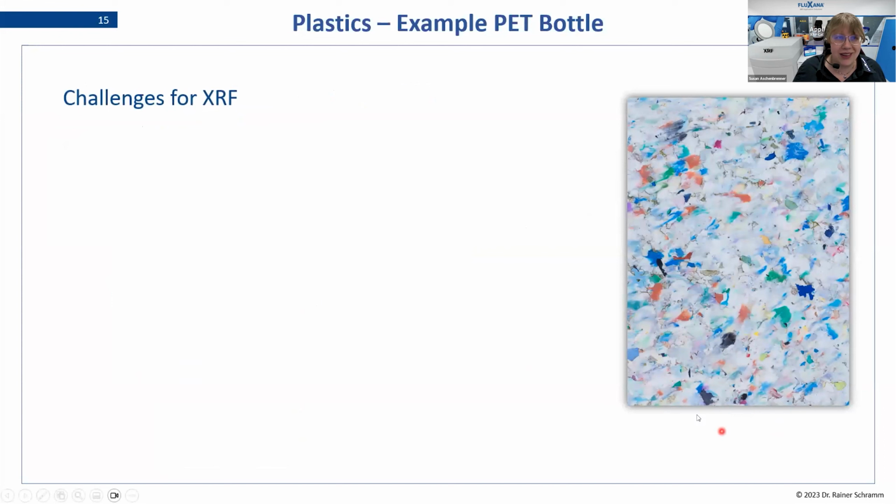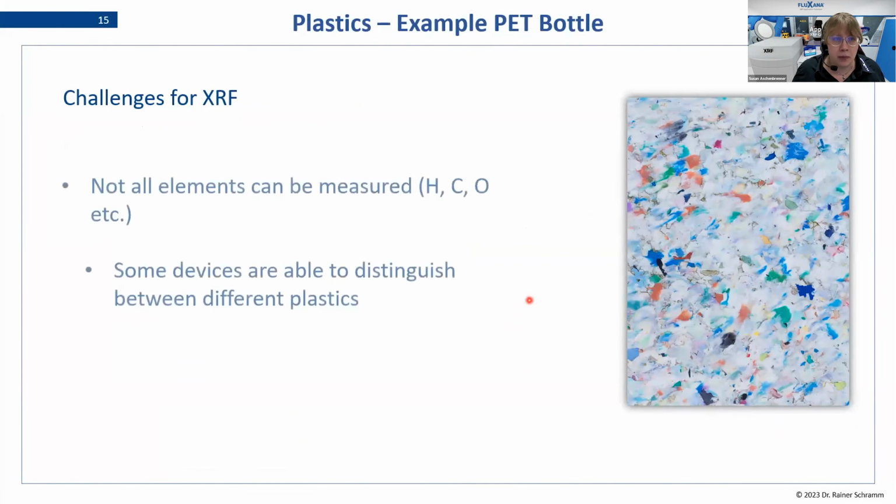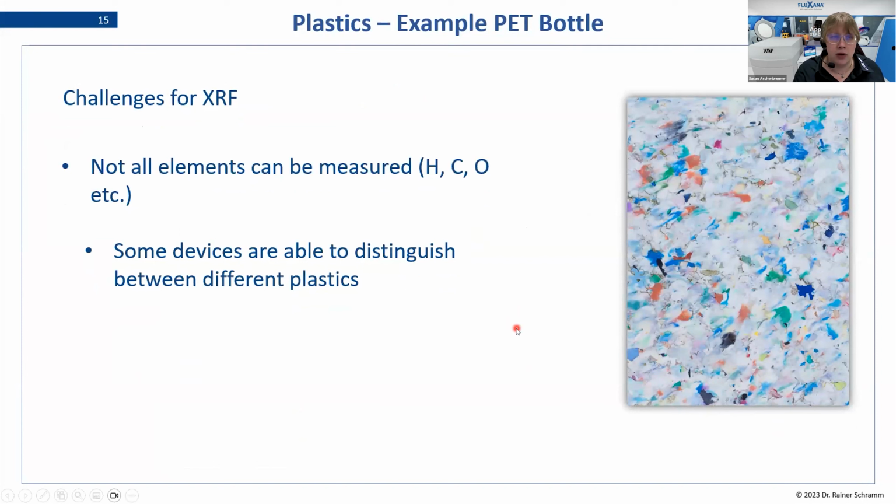Now we talked about what's possible. Now we can talk about challenges for these plastics measurement with XRF. First of all, I want to show that not all elements that are present in the sample can also be measured with our device. I showed you the periodic table before.